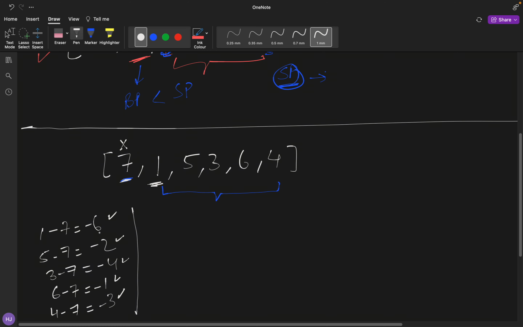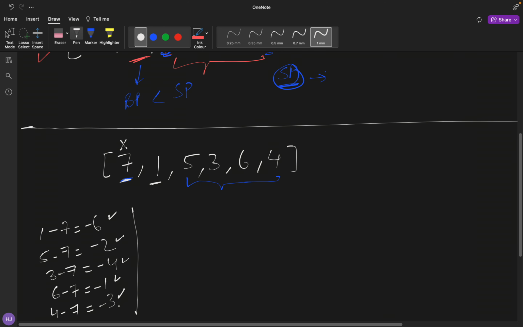So I will check it for 1. Let's assume that I will buy my stock on day 2, right? So what all values will I have after I bought my stock on day 2? I have these 4 values from where I can choose, right?